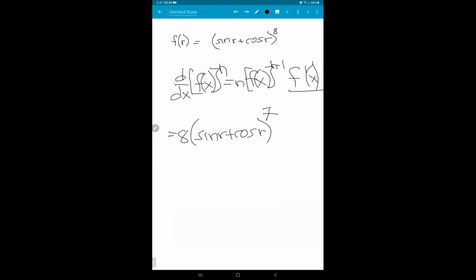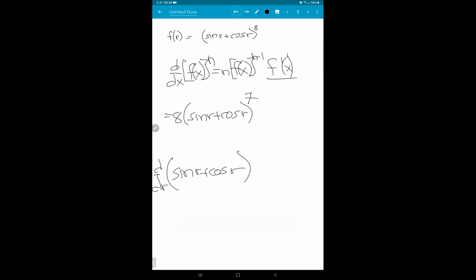We're looking at the base, sine x plus cosine x, and we're differentiating it with respect to x. So the derivative of sine x is cosine x, plus the derivative of cosine x, negative sine x. So beside this expression should be cosine x minus sine x.